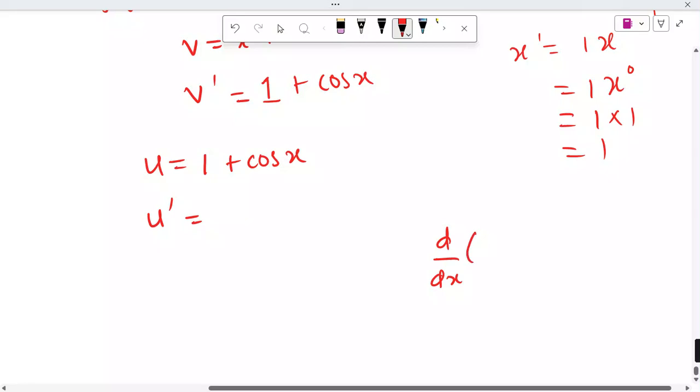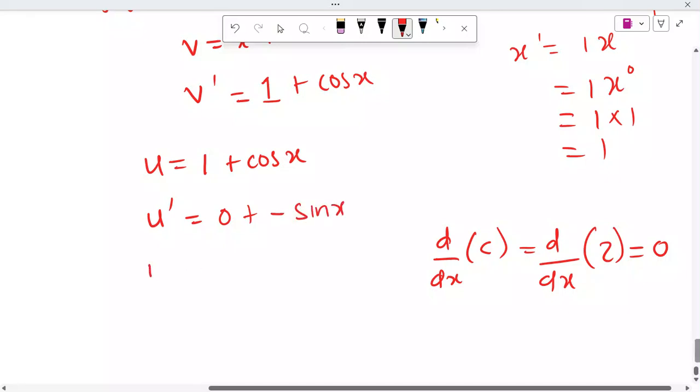I'm repeating again, we have repeated this many times: a constant means a number, it can be 10, it can be 100, it can be 200. The derivative is 0, so this will be 0 plus differentiating cos, which will be negative sine x. Okay, so u prime equals negative sine x.